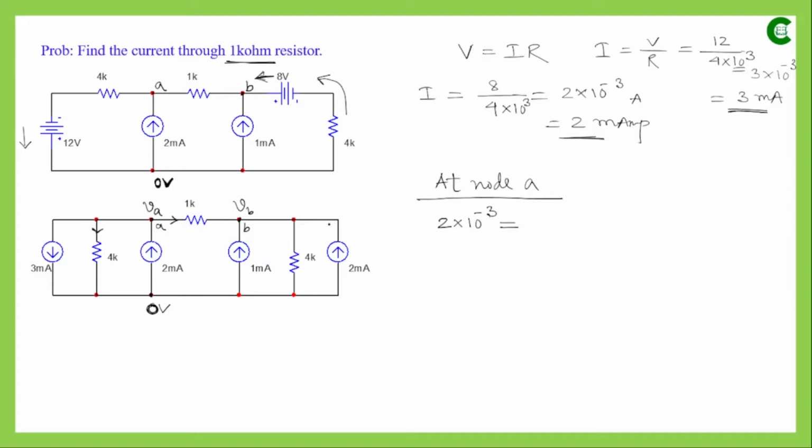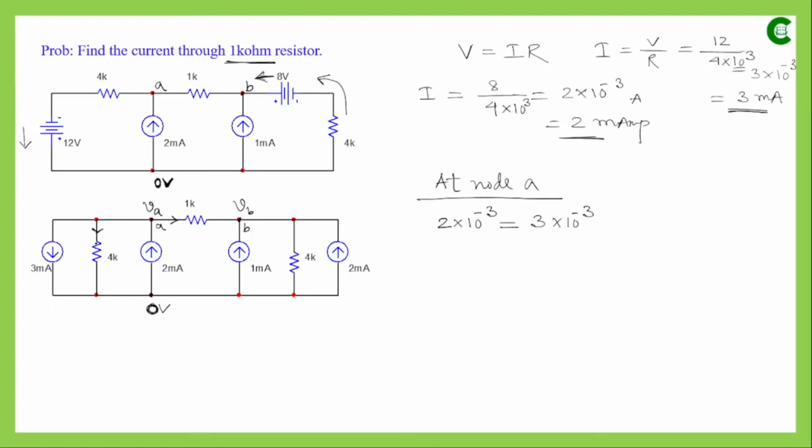Then we have this 3 milliampere current, which is 3 into 10 to the power minus 3. This is outgoing current, and through this resistor we have assumed that the current is outgoing, so it is moving from this point A to the reference node.